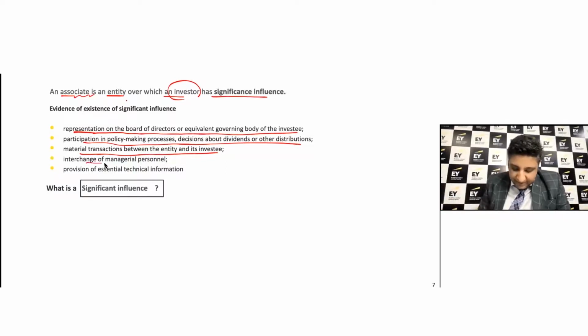Similarly, we may see that if you as an investor are able to bring on key management personnel from your side. So is there a position that you're carrying where you can change the managerial personnel?